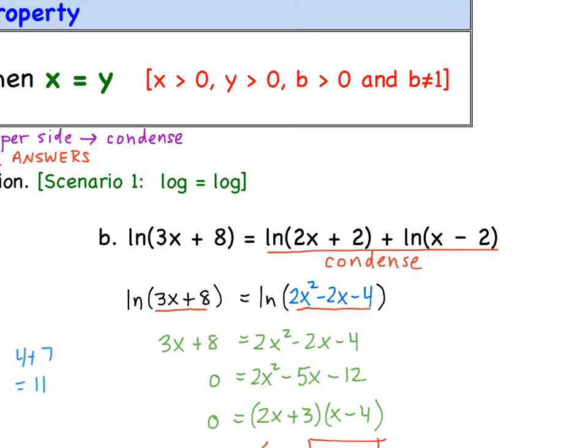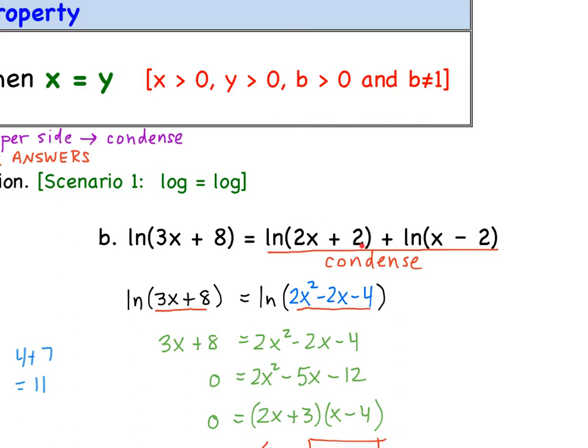This next example, again, is a log equals a log, or log equals multiple logs. Now notice this time we have natural log, or log base e, which doesn't change the game, but I notice on the right side I've got two log terms. So what we need to do is condense these. Now, how do we condense two log terms when we're adding them together?